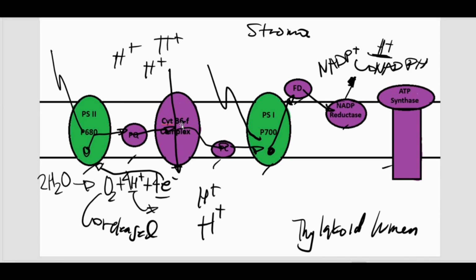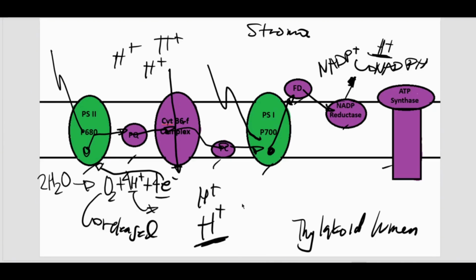Meanwhile, remember all the protons that were pumped into the lumen? These hydrogen ions here. Since their concentration is now very high inside the lumen, they naturally want to flow back into the stroma. So they do this through an enzyme called ATP synthase.